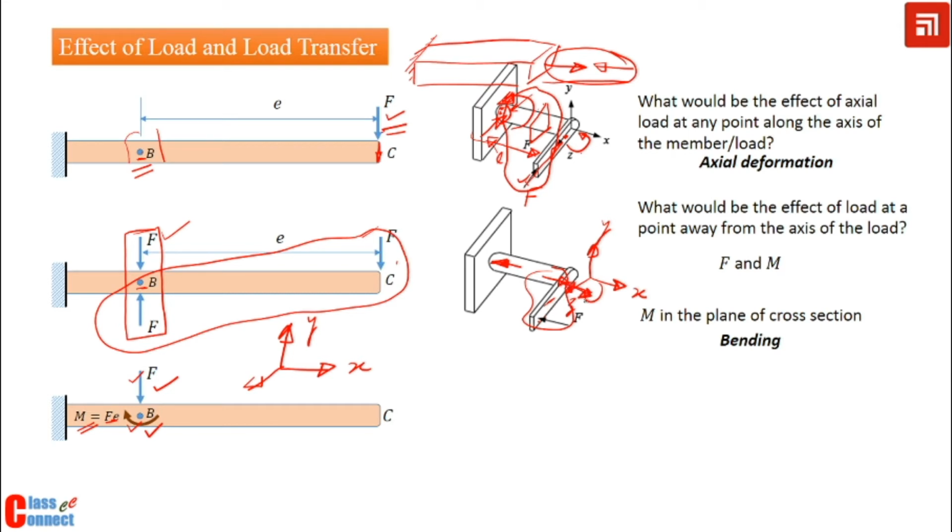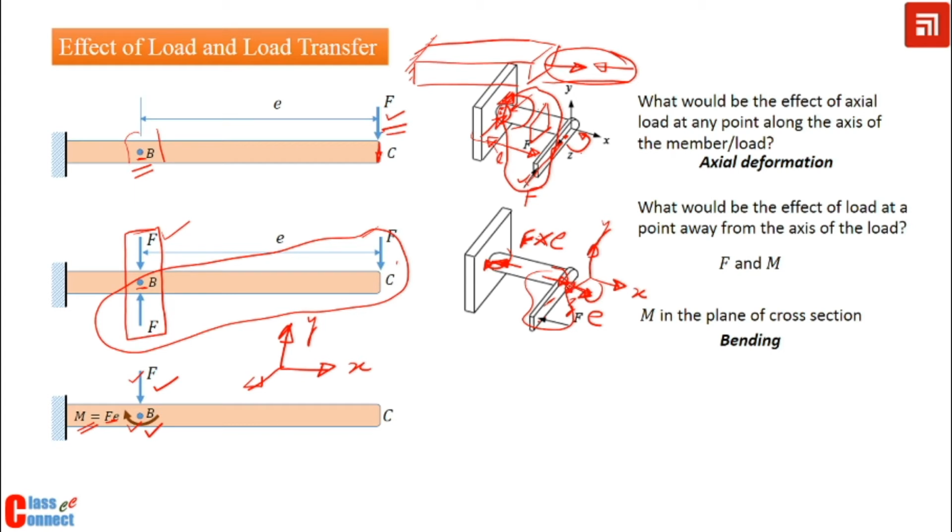This is the moment that is acting in xz plane, so the moment is distance independent, so the same moment will be acting here, that is force into, let us take this length of this lever as E, then F into E is the moment.